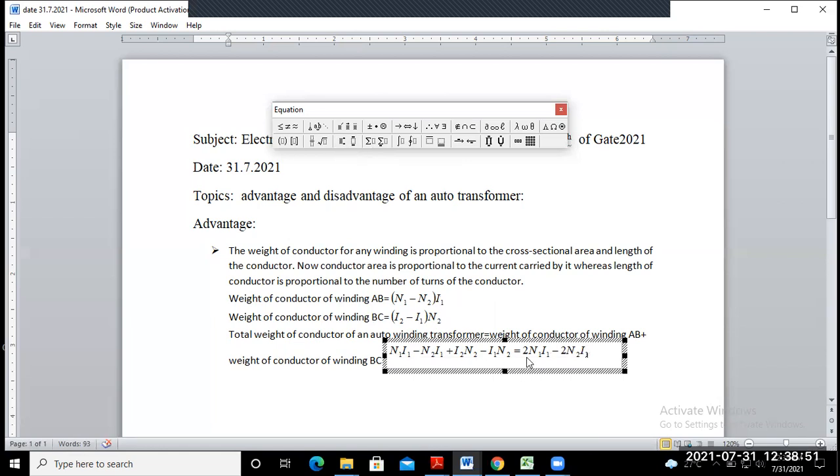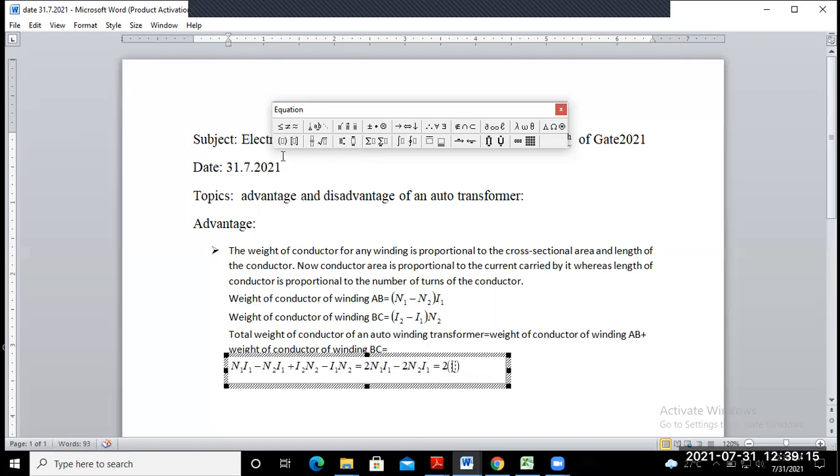So if you take 2 I1 common, then we can write here 2 I1 into (N1 minus N2), is it not? So this one equals 2 (N1 minus N2) into I1.